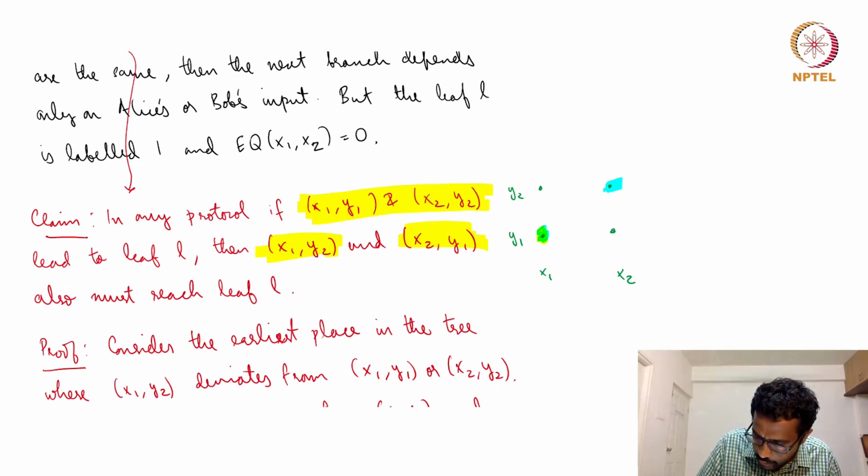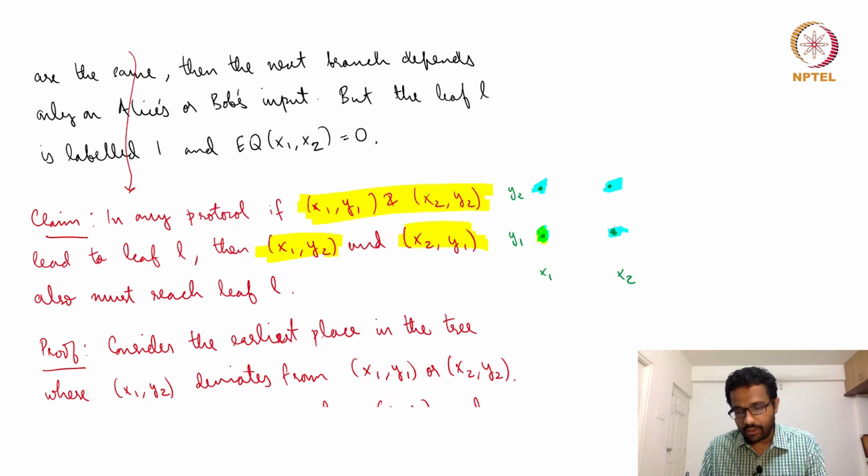Now if these two input pairs go to the same leaf, then the other inputs x1 y2 and x2 y1 also must go to the same leaf. This is the claim. So all these 4 must go to the same leaf. If two diagonally opposite points go to the same leaf, then the points in the other corners also must go to the same leaf.